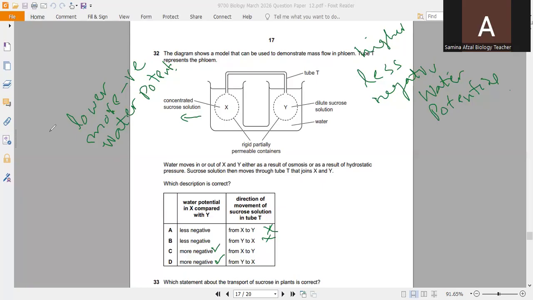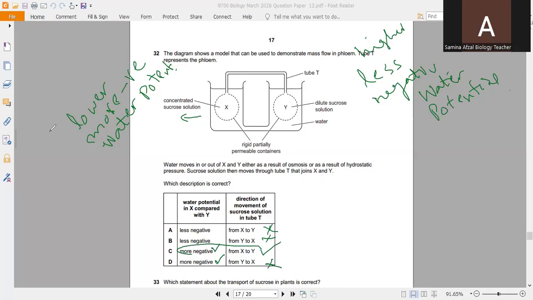Since the containers are rigid, this influx of water builds up a high hydrostatic pressure inside X. So the hydrostatic pressure gradient forces the sucrose solution to move by mass flow through tube T from X to Y, where the hydrostatic pressure is low. So it will move from X to Y.